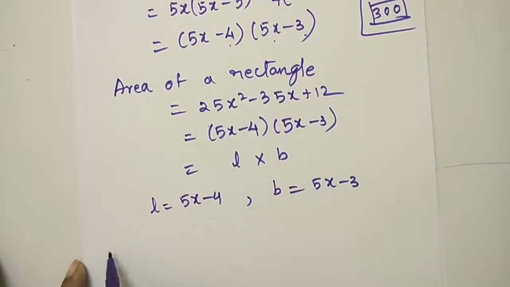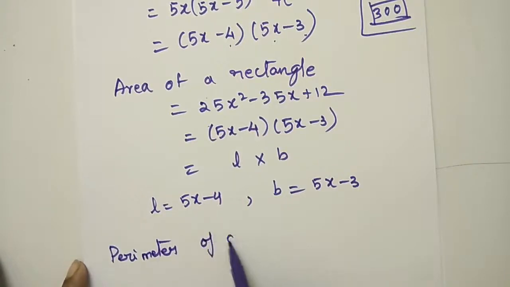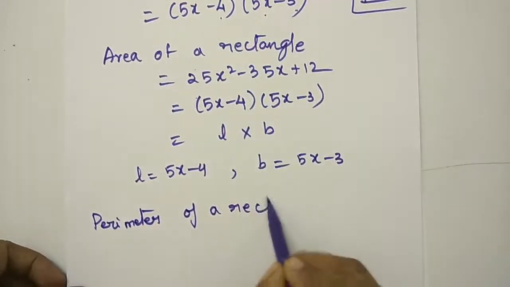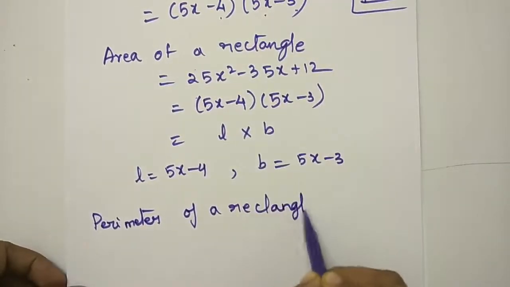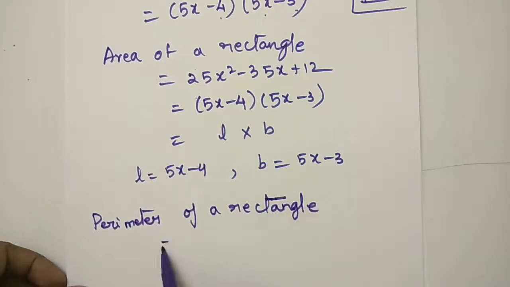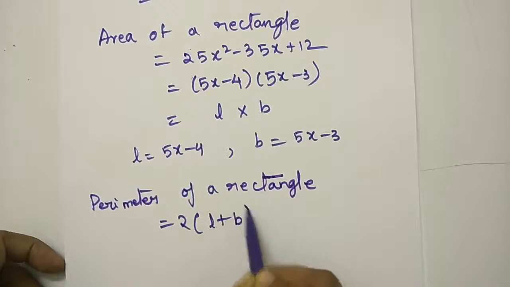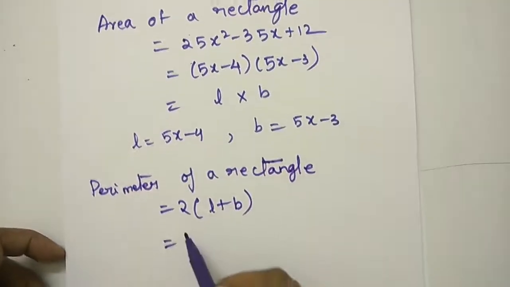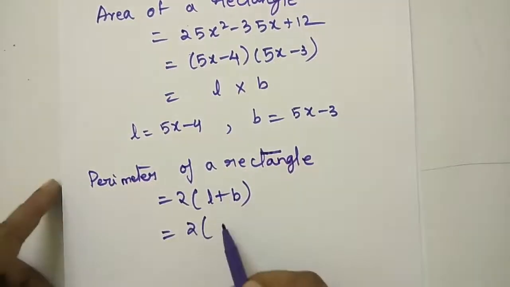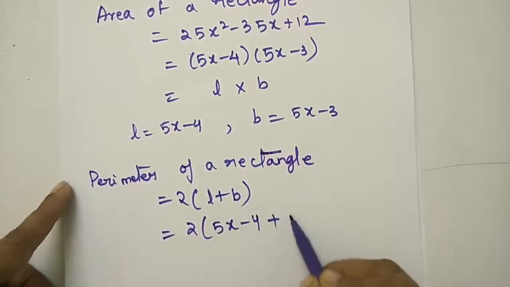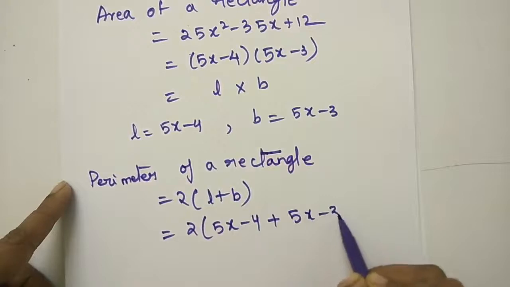Now the perimeter of the rectangle we have to find, is it not? So the perimeter of a rectangle is equal to 2 into L plus B. Here L is 5x minus 4 plus breadth is 5x minus 3.